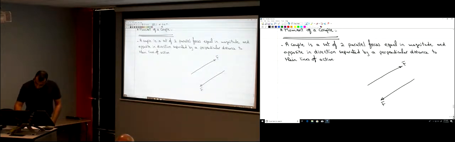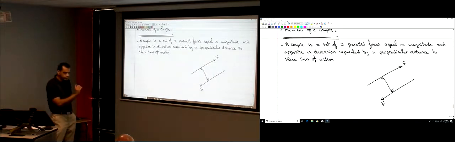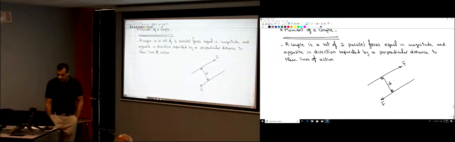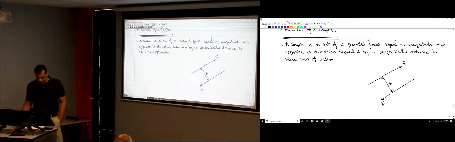And their lines of action have to be separated by a perpendicular distance. If this happens, then I can call those two forces a couple, okay? So now, let's call this distance D. The forces are F, and the distance here is d, the perpendicular distance.